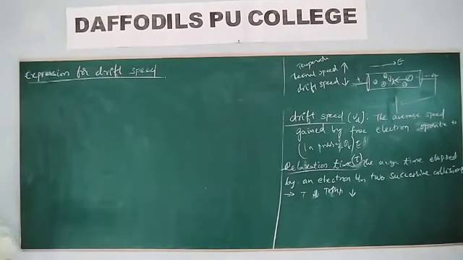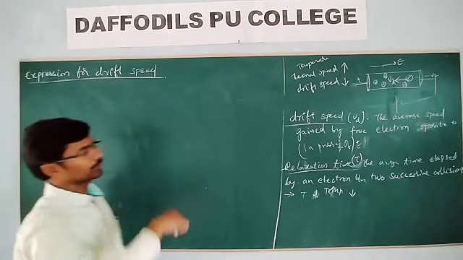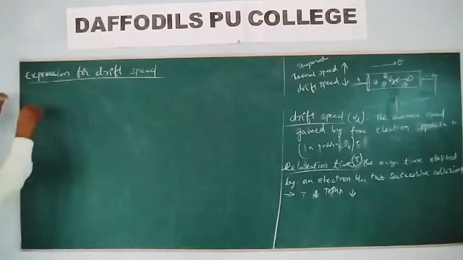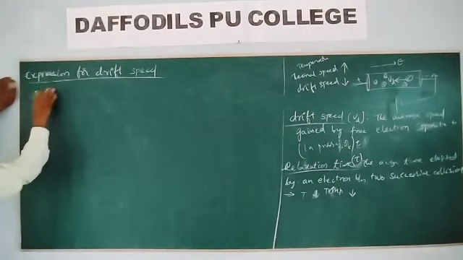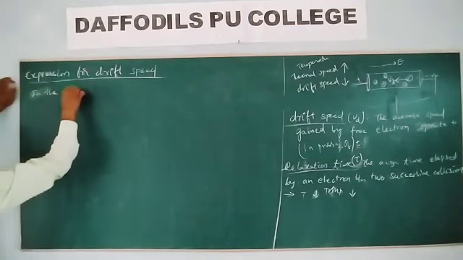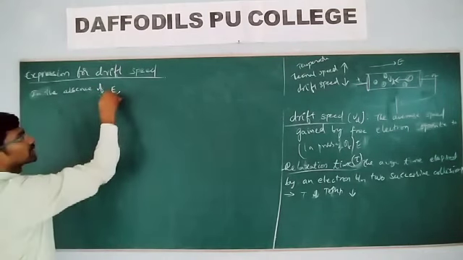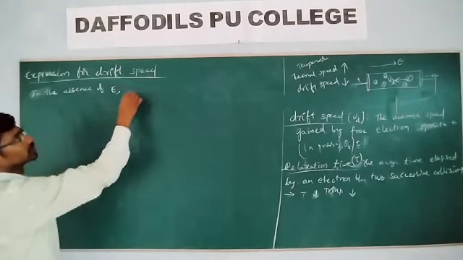Expression for drift speed. So what do you mean by drift speed? When you have taken a metallic conductor, in the absence of electric field, what is the average velocity?